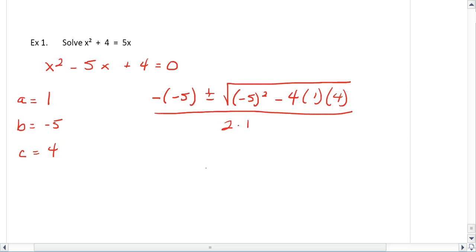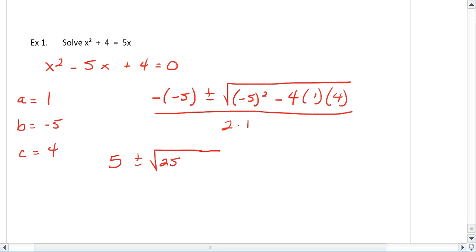So let's do some simplifying now. The double negative becomes a positive, so I have 5 plus minus. Now looking under the radical here, whenever you square a negative, of course it becomes a positive number. In fact, this first number under the radical is always positive, because if you square a positive, it's positive. Square a negative, it's positive.